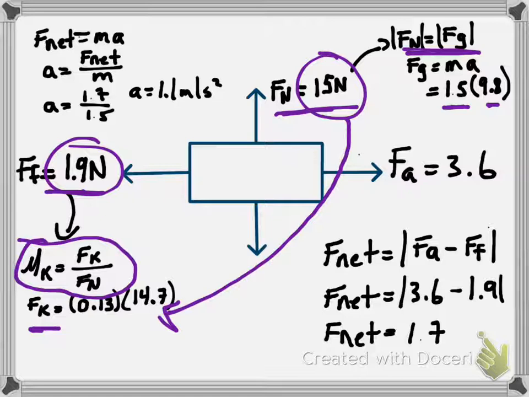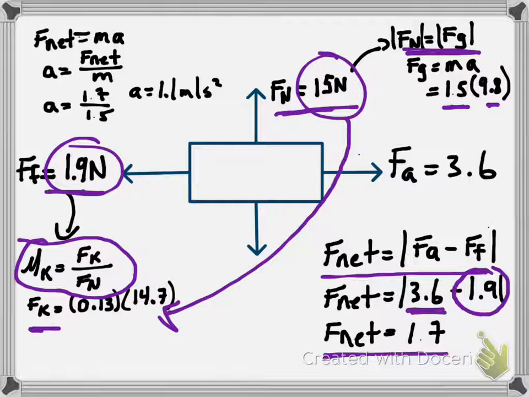Once we have our 1.9, we can then use our relationship, Fnet equals Fa minus Ff. The applied force was given to us in the question, 3.6, and we just calculated our 1.9 for our frictional force. The difference between those two numbers is our Fnet. Now remember, our Fnet has to do solely with acceleration.